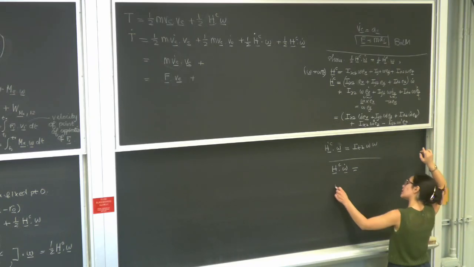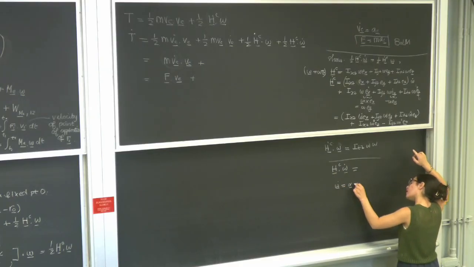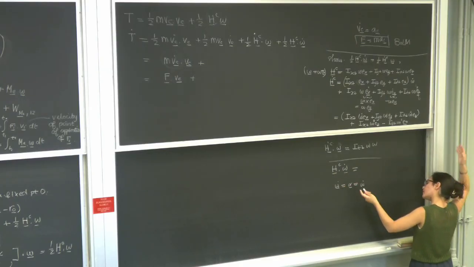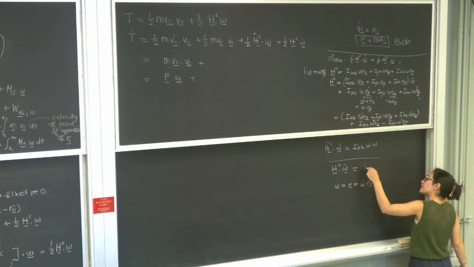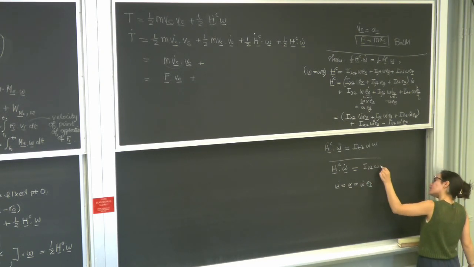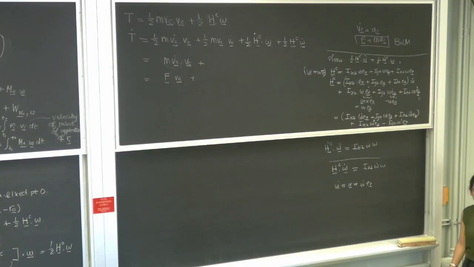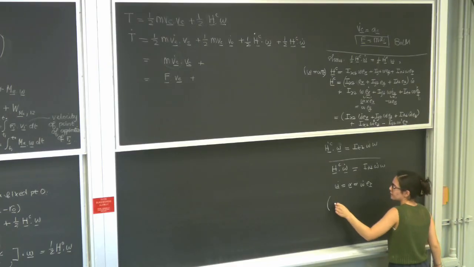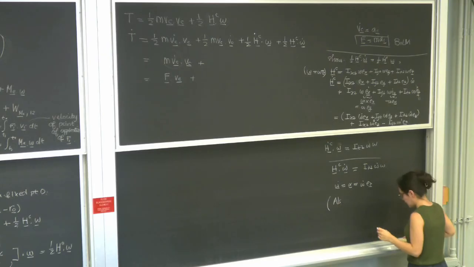Remember, omega dot is equal to alpha, which is omega dot, in this case, e_z. So that's going to be equal to I_zz omega dot omega. So these two expressions are equal. This result is also valid.